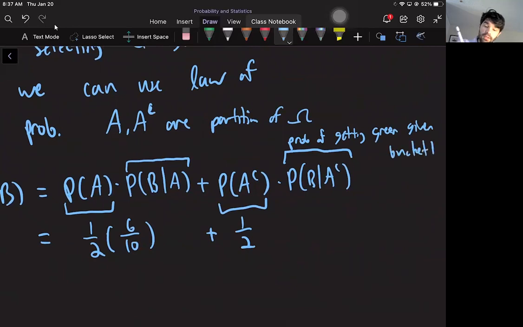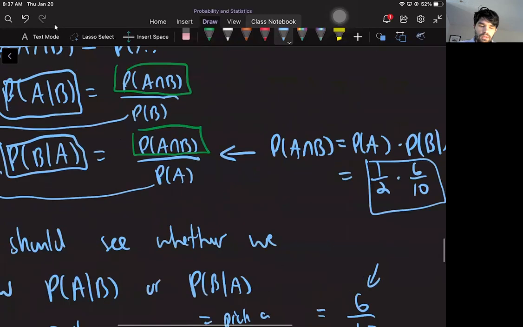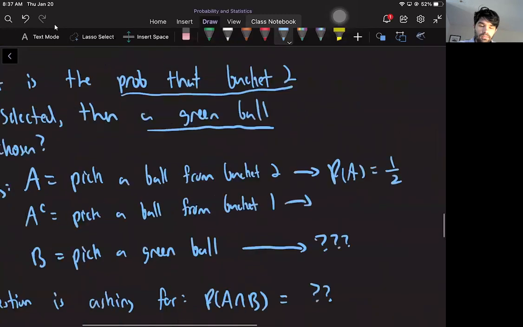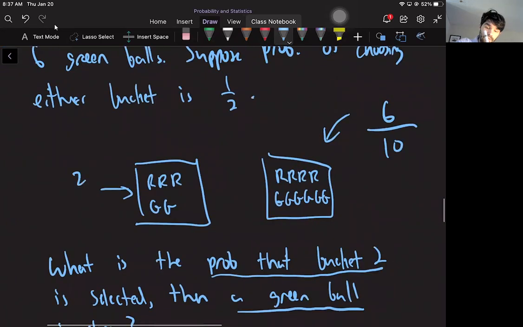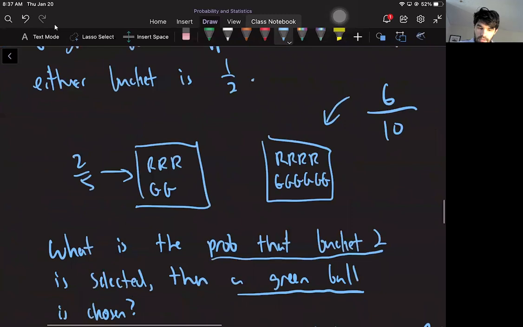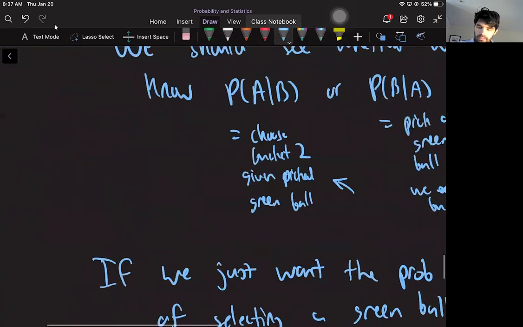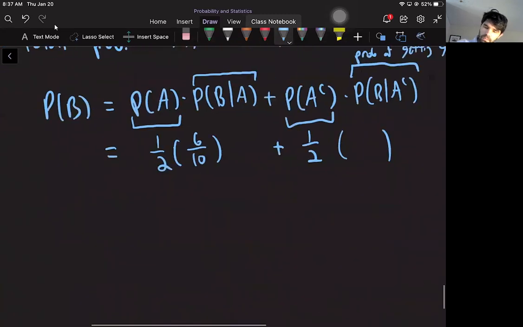So what's that going to be? Well, now we have to go back up to bucket 1 and just count a bit. If I'm in bucket 1, there's 2 out of 5 greens. So I just put that in and then we're done. And again, you can simplify it if you like.